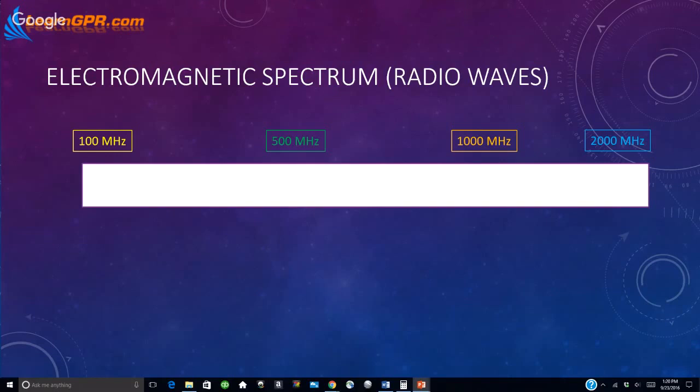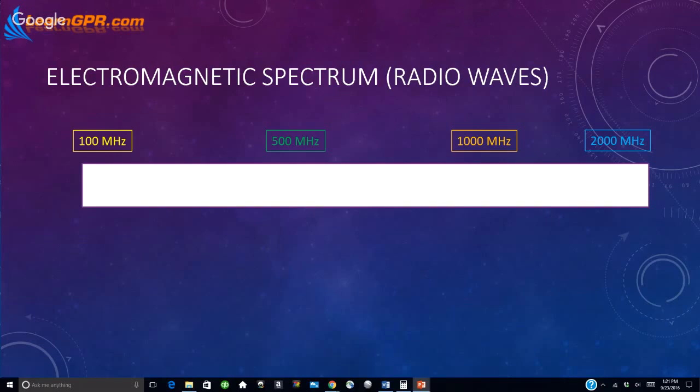So, which can prospect deeper? The longer the wavelength, traditionally, the deeper your GPR can prospect. A 100 megahertz antenna, for example, will be able to prospect much deeper than a 2000 megahertz antenna. A 100 megahertz antenna is more likely to see a buried utility that's buried deeper than one that's 2000 megahertz.